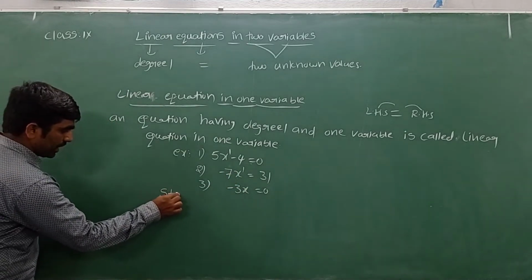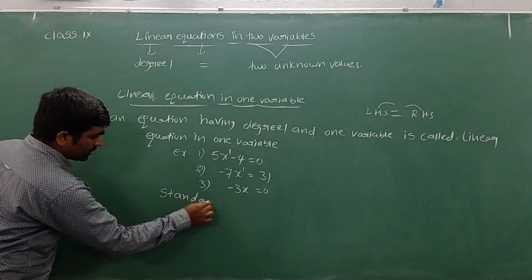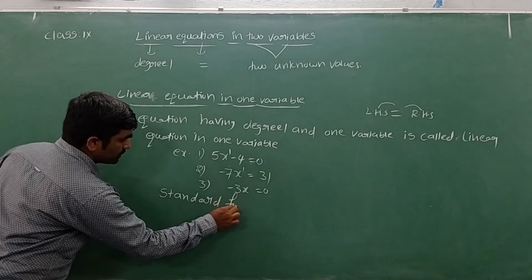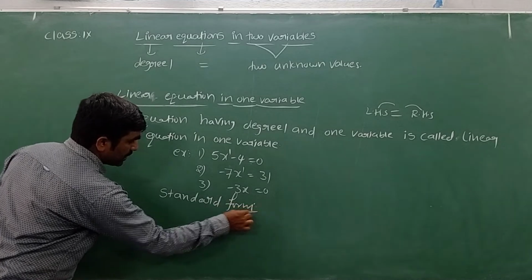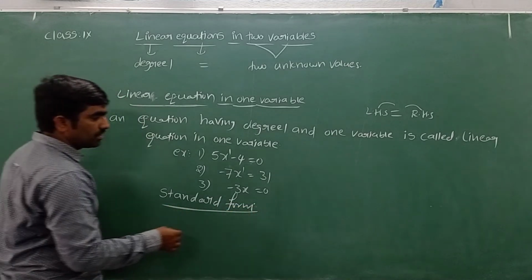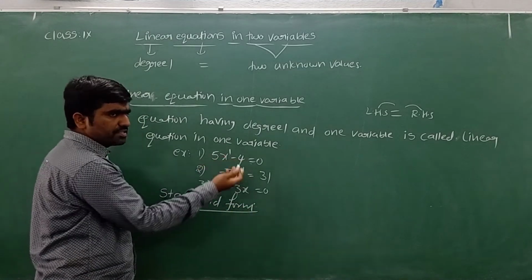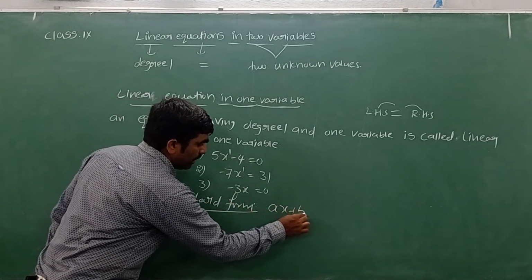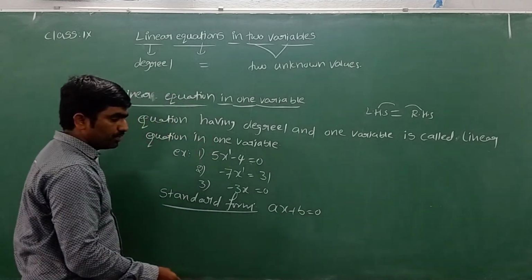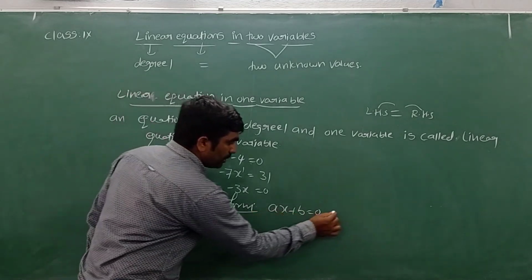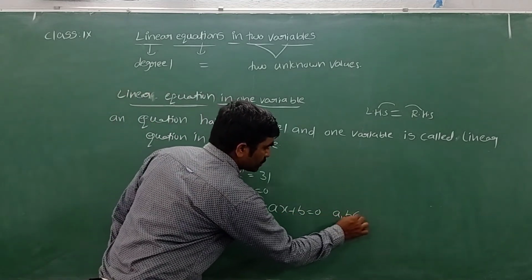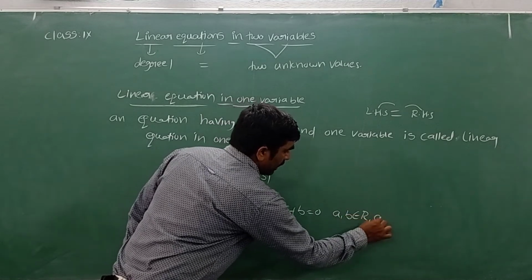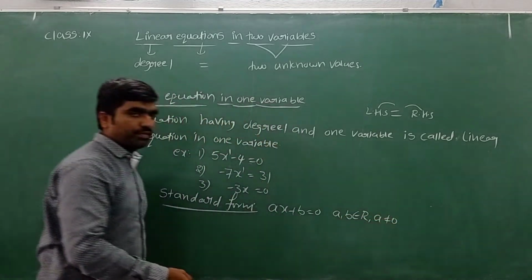Let's see what the standard form is. Standard form, or we can call it general form also, of a linear equation contains an x term and a constant. The standard form of a linear equation is ax plus b is equal to 0, where a, b belong to real numbers and a is not equal to 0.